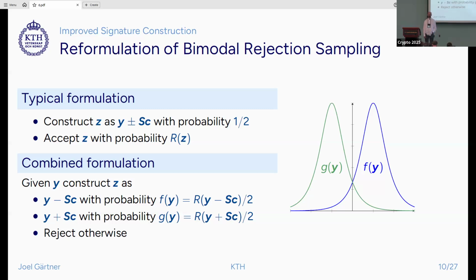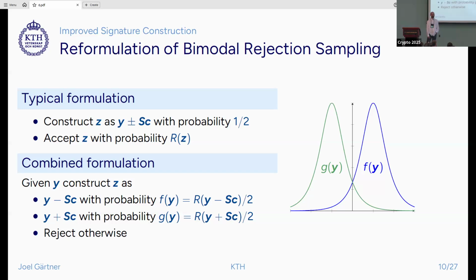You then accept this constructed Z vector with some probability R of Z or some rejection function R. These two steps can be reformulated into a single step, where we are given a Y vector, and we then construct a Z vector as Y minus SC with some probability f of Y, and as Y plus SC with some probability g of Y, with these functions f and g given like this.